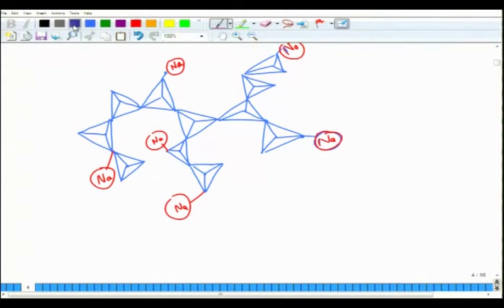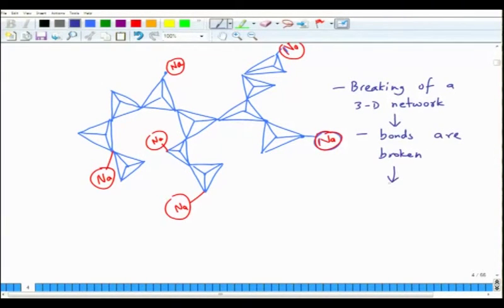So, what does it result in? It results in breaking of the 3D network. So basically, the bonds are broken, and this results in lowering of Tg and Tm. So they introduce weaker bonds in the network.